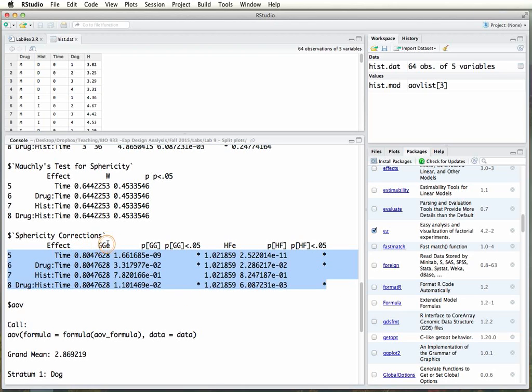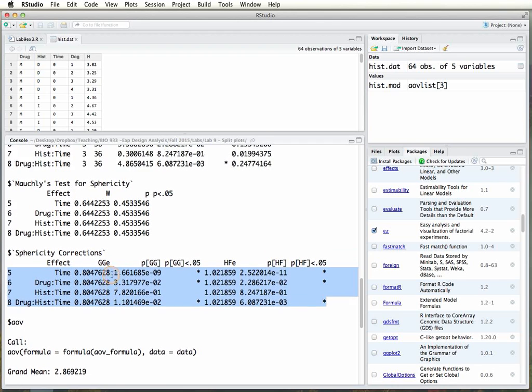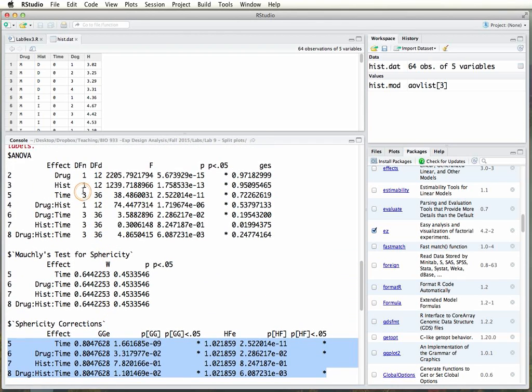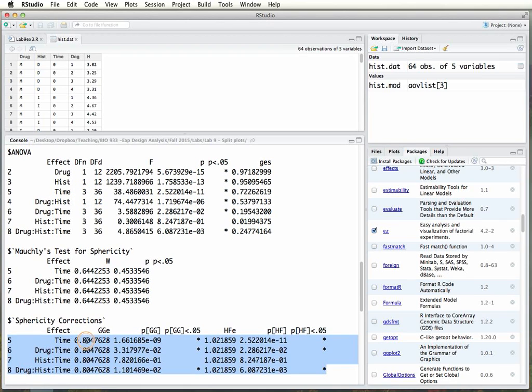This is the Greenhouse-Geisser epsilon. So instead of using, let's go back up here, instead of saying time has 3 degrees of freedom, it's saying we should really use 3 times 0.8. That time really has about 2.4 degrees of freedom. And that's a little bit of a penalty we impose.